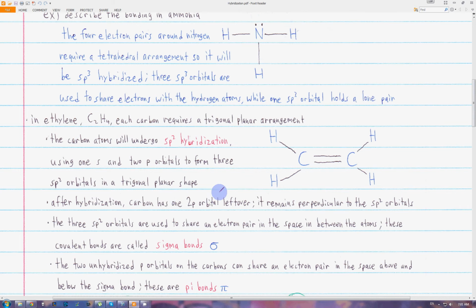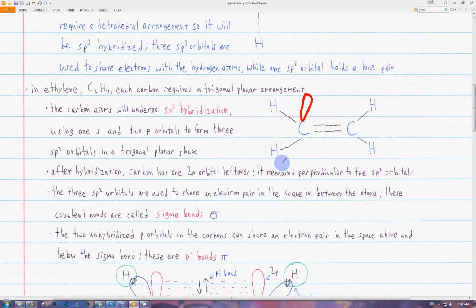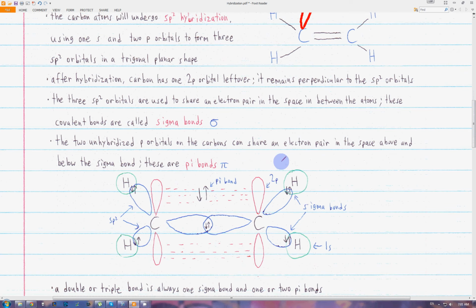So this leftover orbital will remain on the carbon perpendicular to the sp2 orbitals. And so it'll use the 3 sp2 orbitals to share an electron pair with the 2 hydrogens and then with the other carbon.